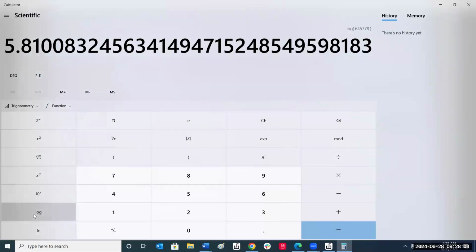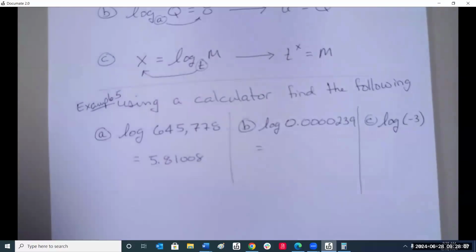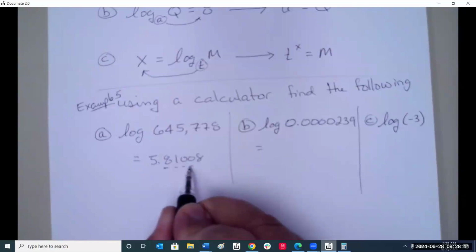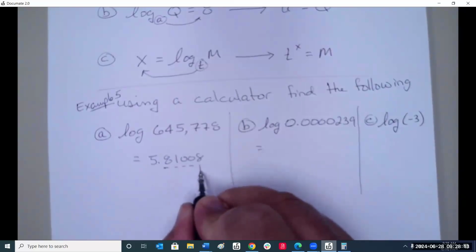Round to 4 decimals. 1, 2, 3, 4. Since we want 4 decimals, we look at the 5th number.